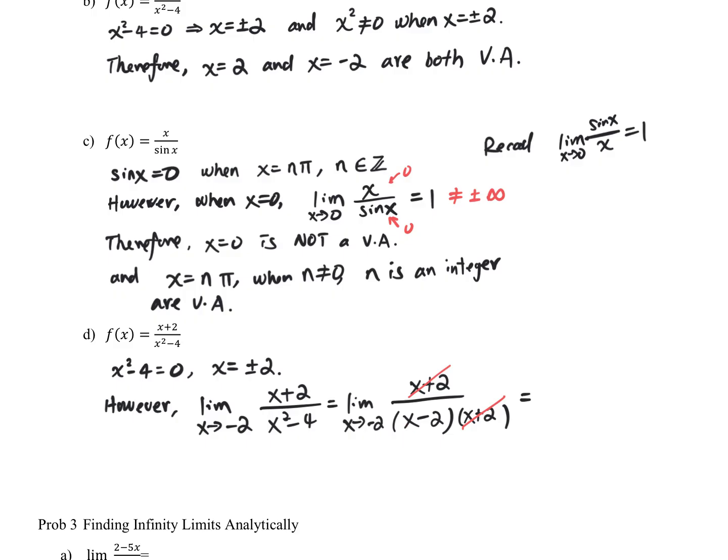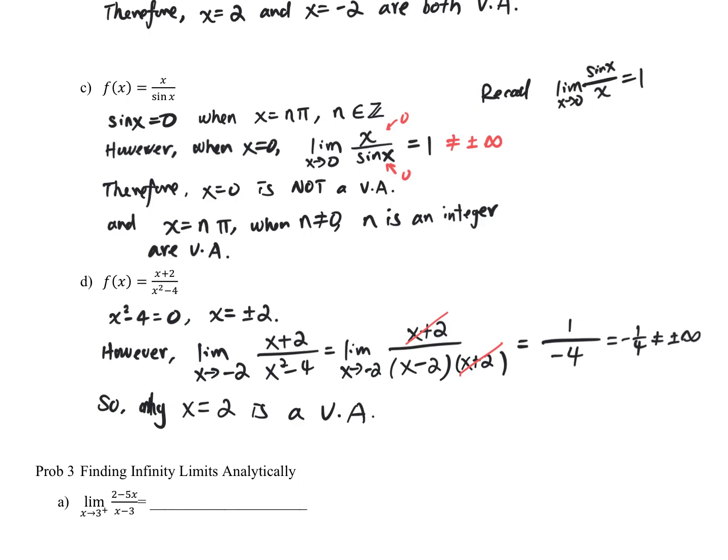So when we plug in negative 2 for x, we have 1 over negative 4, and this is not equal to infinity or negative infinity. Therefore, x equals negative 2 is not going to be a vertical asymptote. So only x equals 2 is a vertical asymptote.